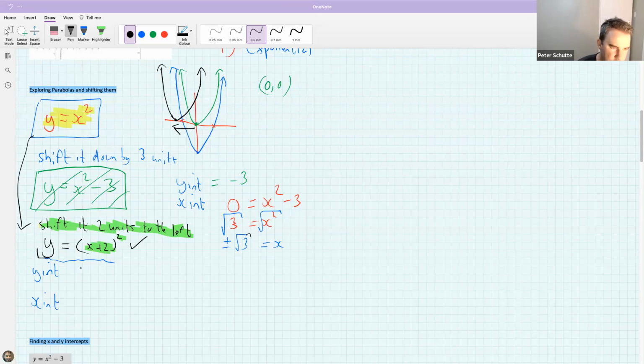And what I'm going to do is to find the y-intercept, I need to make x 0. And so I agree the y-intercept will be 4. Now to find the x-intercept, what do I have to do? I normally have to make y 0. So we have to solve that equation.